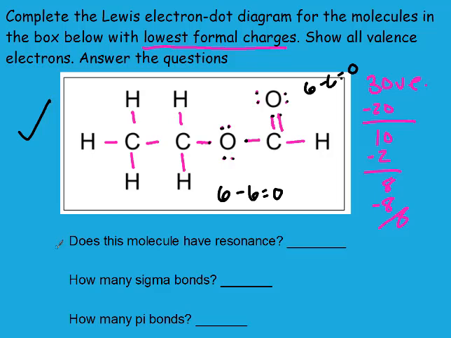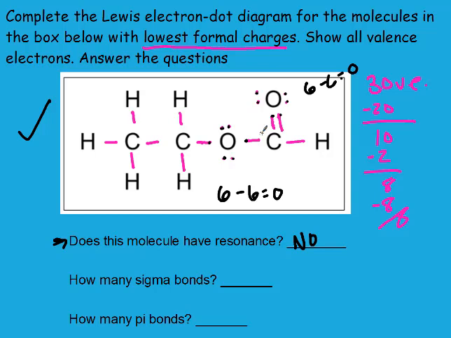So doing that helps with this answer. It says, does this molecule have resonance? We're going to say no. It does have a small degree of resonance because that double bond could go where we had placed it beforehand. But because the formal charges aren't as low as they are in this structure, very little of the molecule would actually have that resonance.